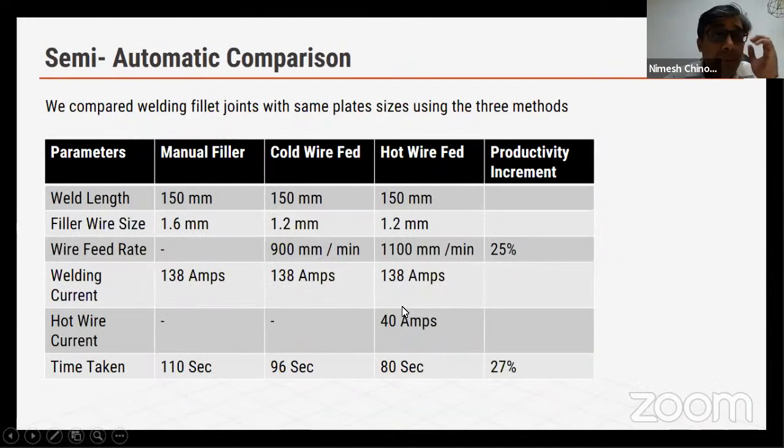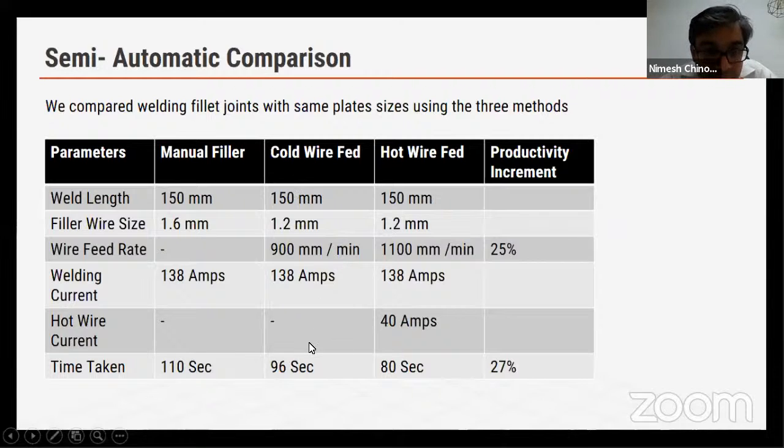If you look at the parameters just for comparison of a single 150 millimeter long butt joint, manual filler wire of 1.6 used to achieve a weld current of 138 amps, the welding was achieved in about 110 seconds. The same thing when used with a cold wire feeder, reducing the wire size from 1.6 to 1.2 to keep the same current, the feed rate was about 900 millimeters a minute.